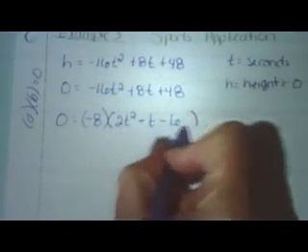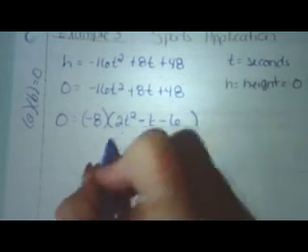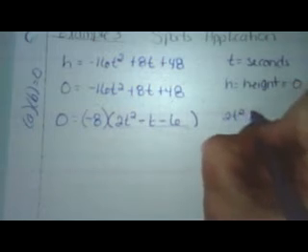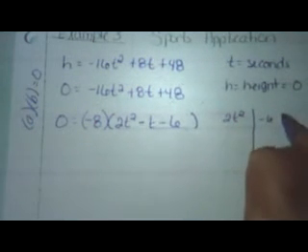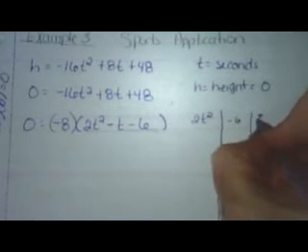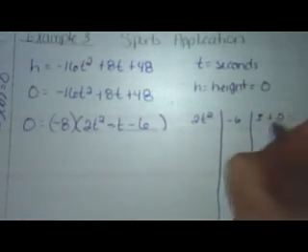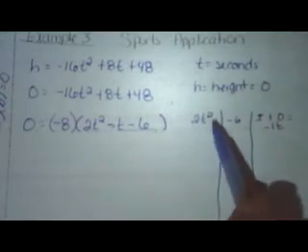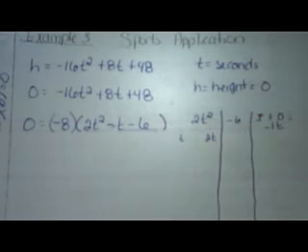Let's see if we can factor this trinomial. Remember, we will make sure everything's factored completely. So, I have to find my factors of 2t squared. I need to find my factors of negative 6. And then my inner terms plus my outer terms have to equal negative 1t. Alright, so what are my factors of 2t squared? I have t and 2t.